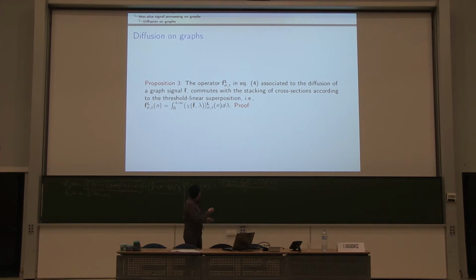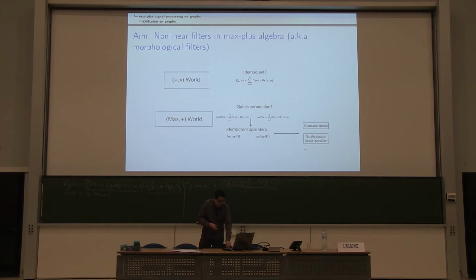We can prove that we can apply this basically: we have a function on the graph, we compute the upper level sets, we do the diffusion on each upper level set, and we do the integration. We get the same result as the original diffusion applied to the whole function. That is important because we want to use this idea for the next proposition.